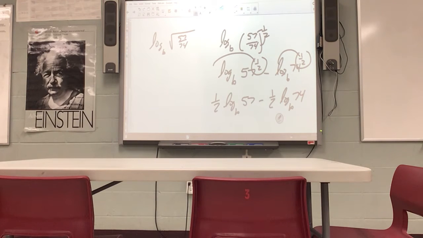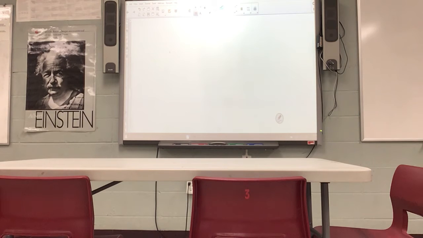Alright, number 11, we get to solve. I like solving. So we got 15 to the 2x is equal to 36. So what would we try to do here to start solving that? Put it in the log. Very good, so we would write log base 15 of 36 is equal to 2x.